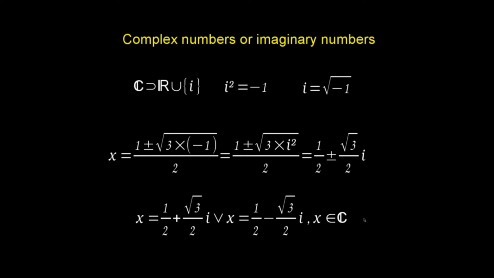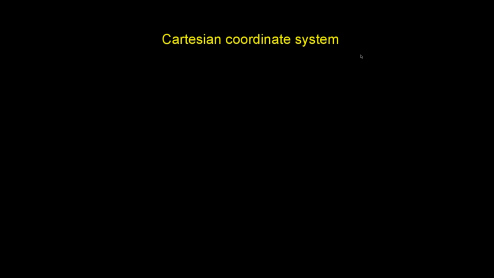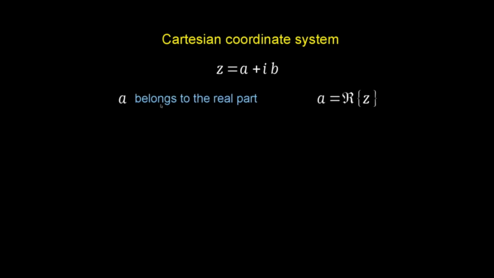Now let's try to understand a little better how we can represent these complex numbers. Let's start with the Cartesian coordinate system or Cartesian form. In this case we have a complex z, and we can say that it is equal to a plus ib, where a is a real number and is the real part of our complex z, and b is the imaginary part of my complex z, a plus ib.